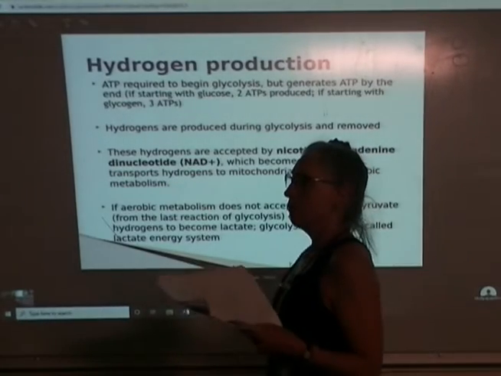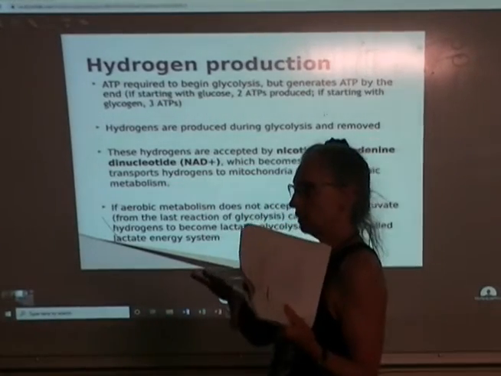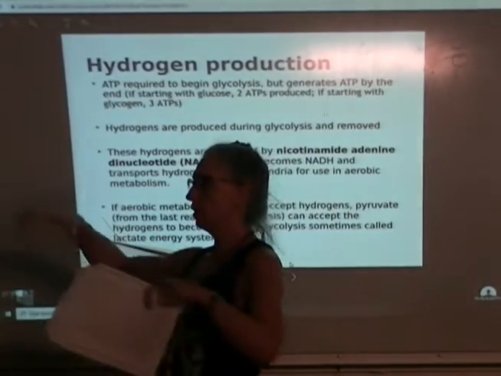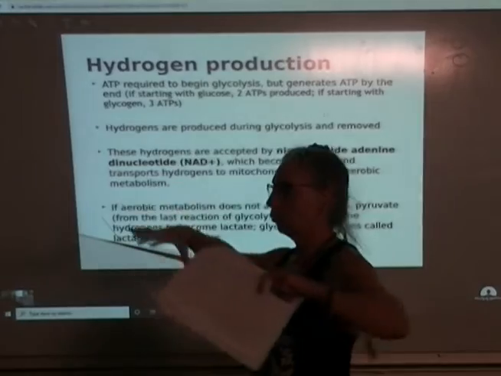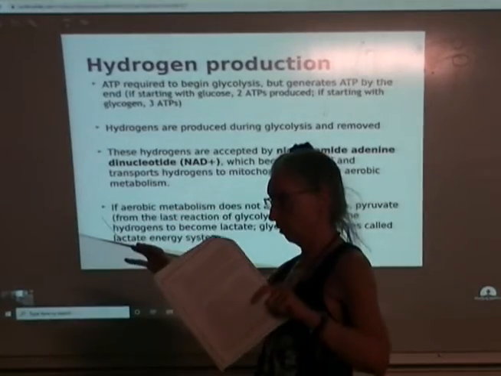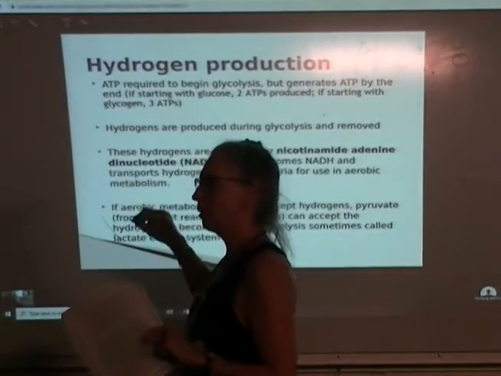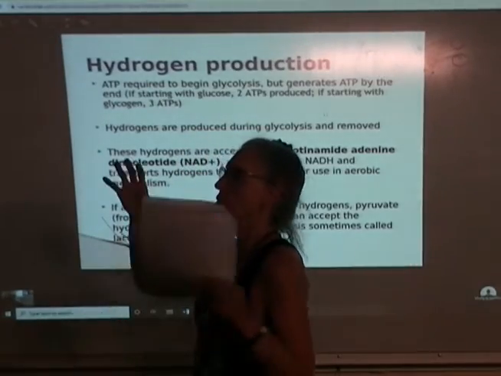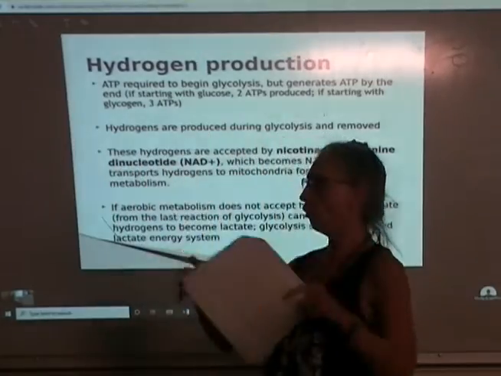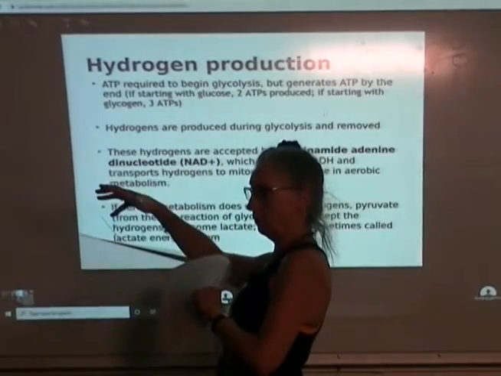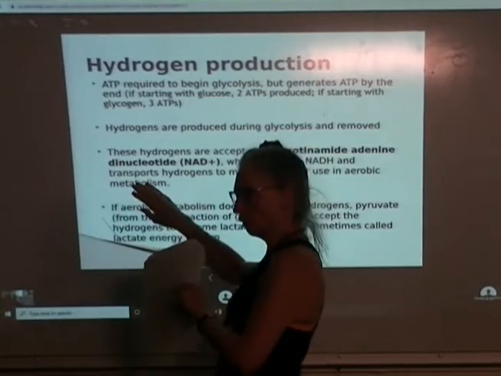Remember that the ATP-PC system and glycolysis both occur within the watery substance of the cell. Aerobic metabolism occurs within the mitochondria. So anything that's coming out of glycolysis that needs to be used for aerobic metabolism has to be shuttled across the cell.